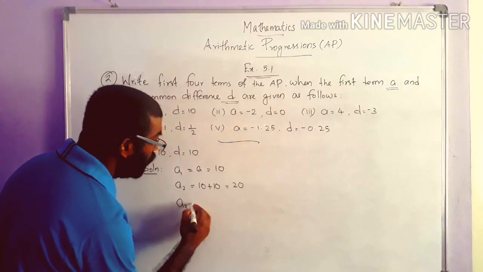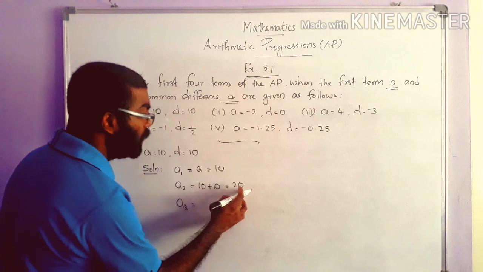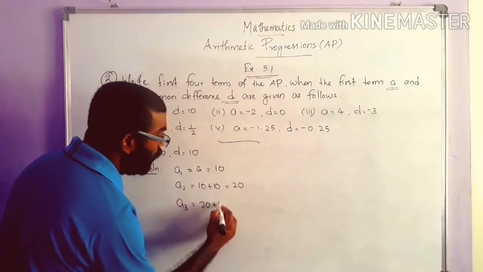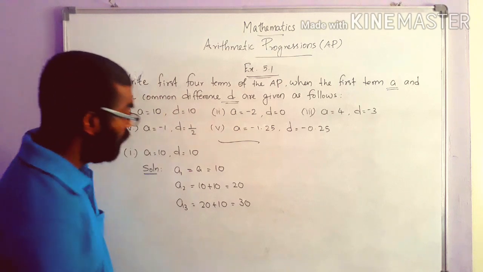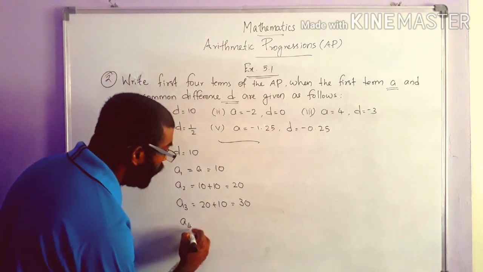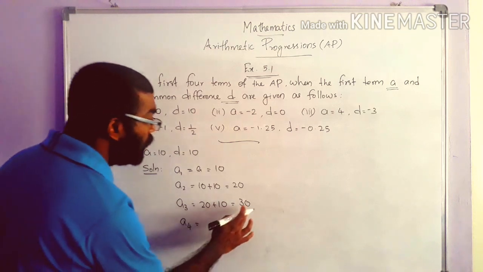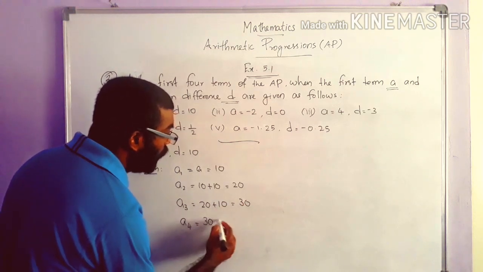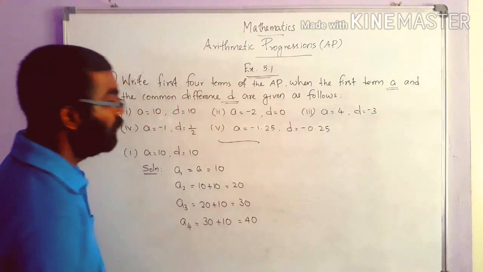And A3, second term plus common difference, 20 plus 10, which is equal to 30. And the fourth term A4, third term plus common difference. Now the third term is 30, so 30 plus common difference 10, which is equal to 40.